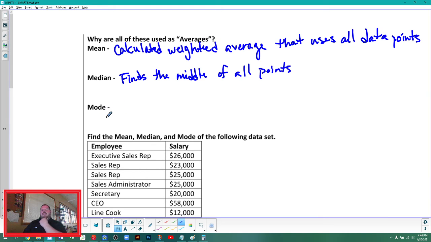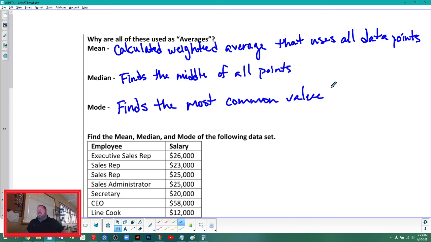And then the mode is an average because it finds the most common value. Which, again, is kind of just going back to the definitions, but it is important to realize when and why you would use certain averages.